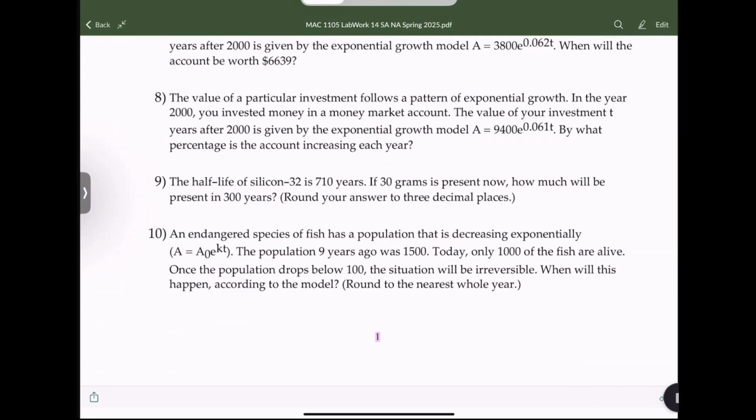So number 9 is saying that a fish population is decreasing exponentially. So 9 years ago, there were 1,500 fish. Today, there are 1,000 fish.